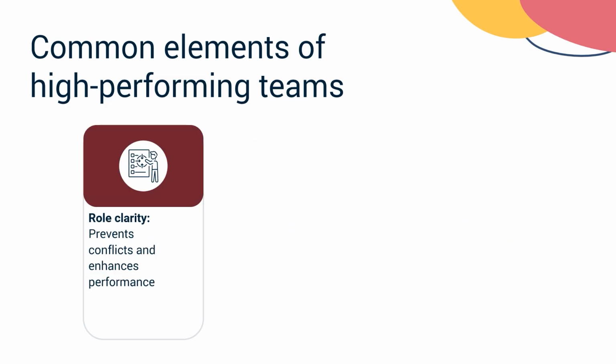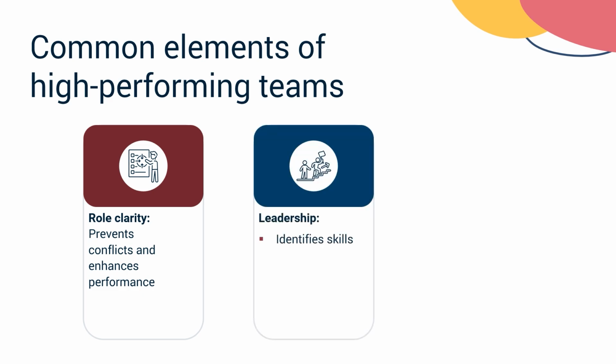Clearly defined roles and responsibilities prevent conflicts and enhance performance, while unclear roles can lead to inefficiencies, boundary issues, and team dysfunction. Moving on, strong leadership identifies the needed skills, clearly sets goals, and ensures clarity in roles. It promotes communication and conflict resolution and pushes the team toward objectives.